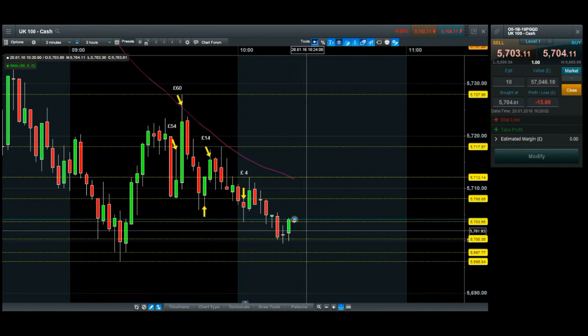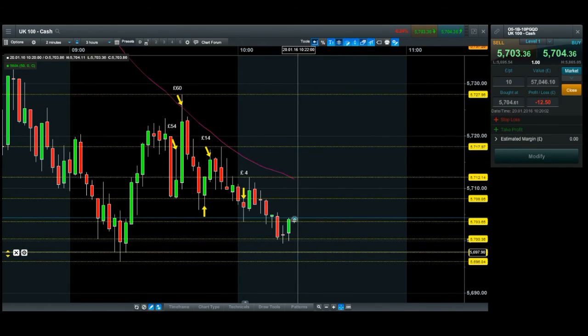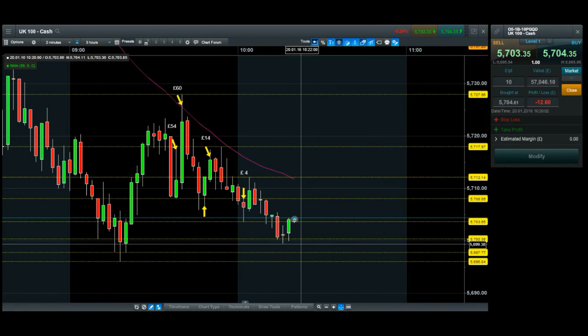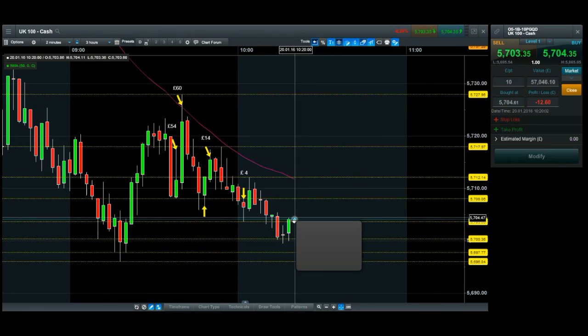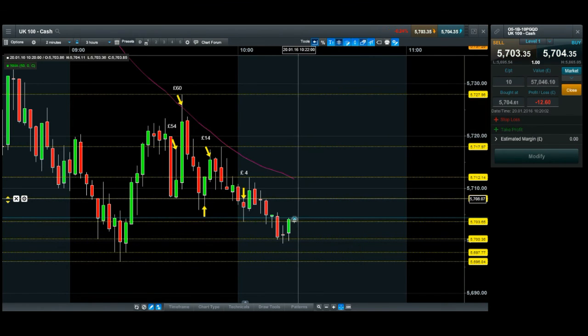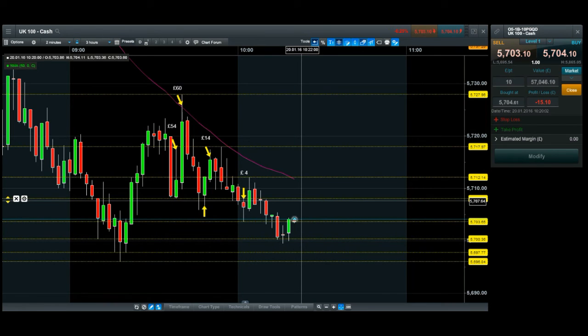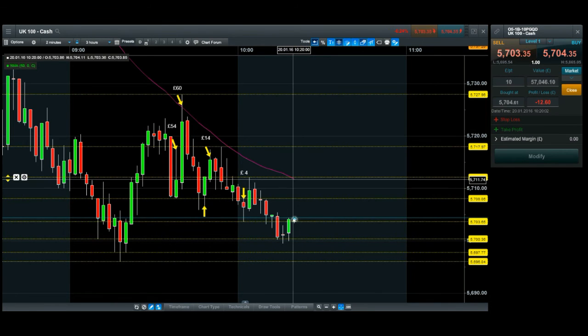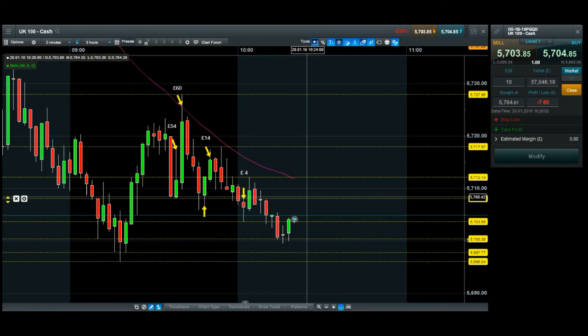My stop loss will be this one. In the meantime, expect the index to climb to here before any resistance occurs, as the simple moving average is coming down to meet the candles somewhere around this area.